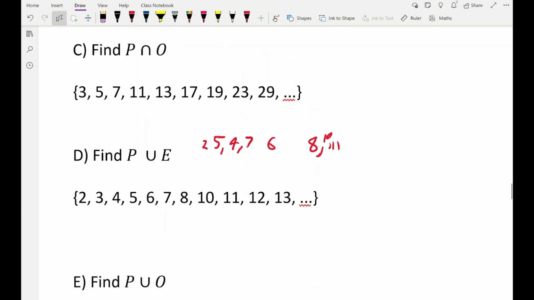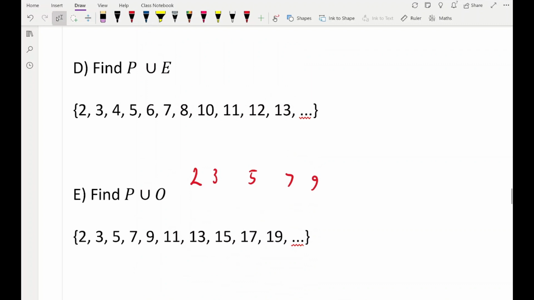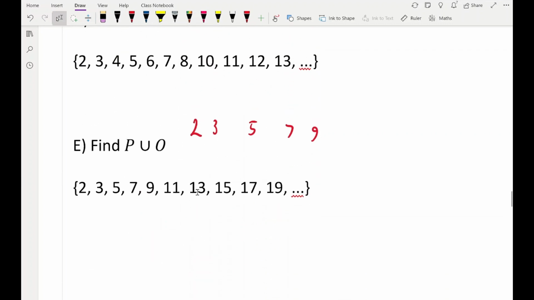And then primes union with the odd numbers is going to look kind of similar. You'll chuck in all your odd numbers. So you're going to get 3, 5, 7, 9, and then you'll add in anything else if it's prime. So you're going to get 2, but that's the only prime number that's even. So that's the set you're going to get, 2, 3, 5, 7, 9, and then it continues on like that. And that'll be it.